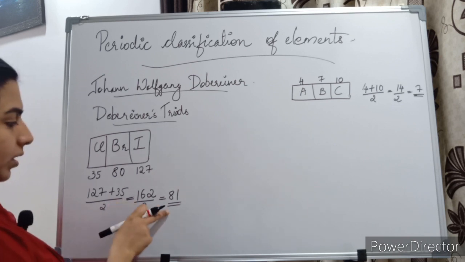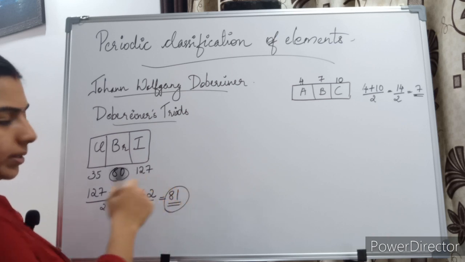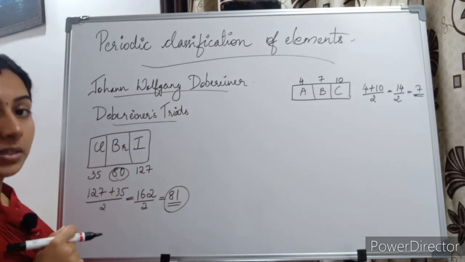See, 81 and 80 are approximately equal. So these three form a triad.